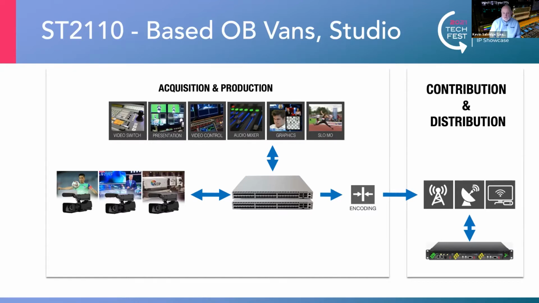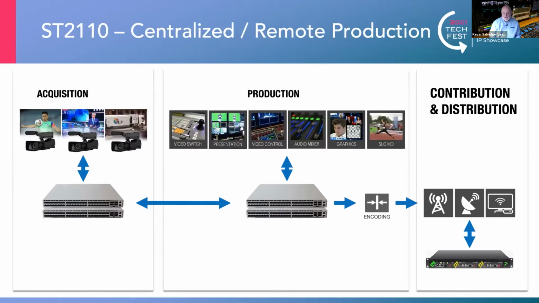But we're now starting to see that there's advantages to breaking those apart. And here we can see, in this particular example, the acquisition on the left-hand side has now been connected over a wide area network to a production center, where lots of the tools that you're familiar with within an OB truck are actually now centrally located. Still, we have the connection to the traditional contribution and distribution circuits.